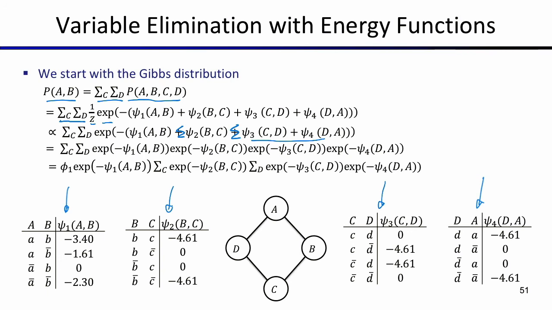So if we do the summation before computing the exponential, it will not be the same thing as applying the exponential first and the summation later. So we need to be very careful.